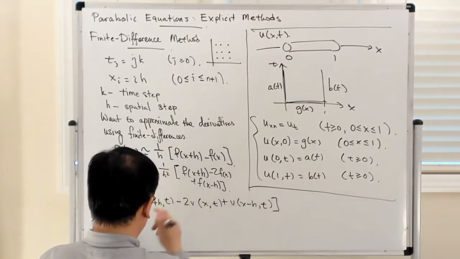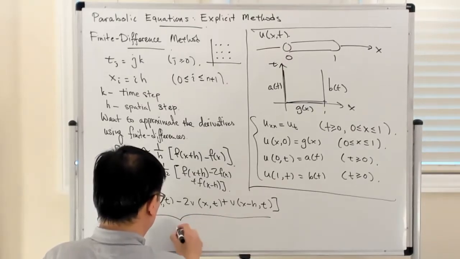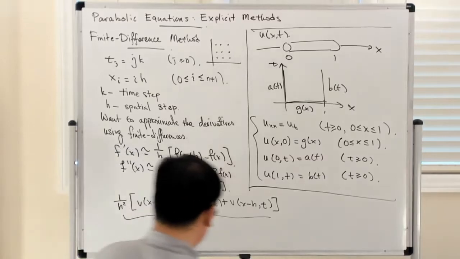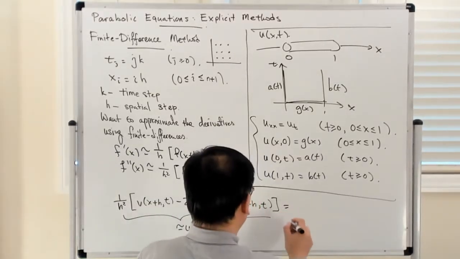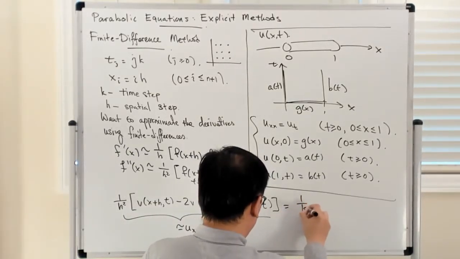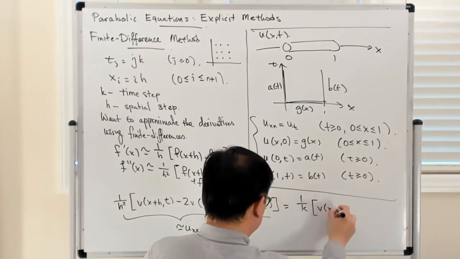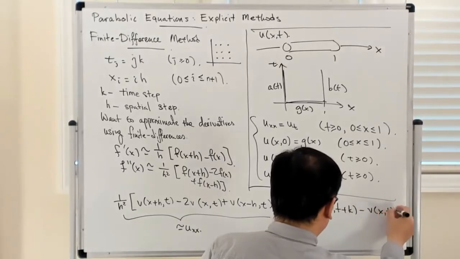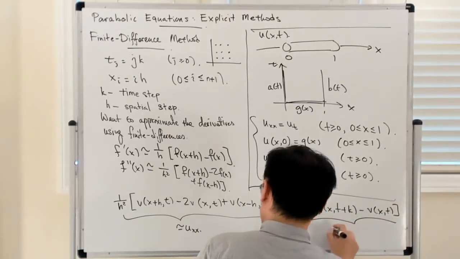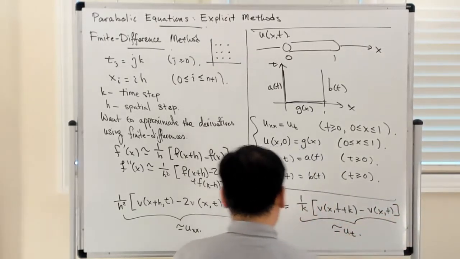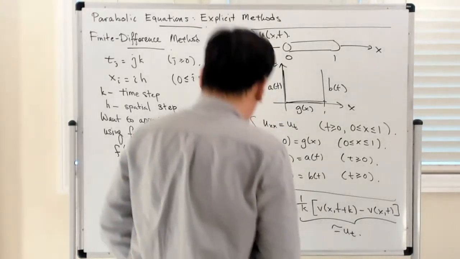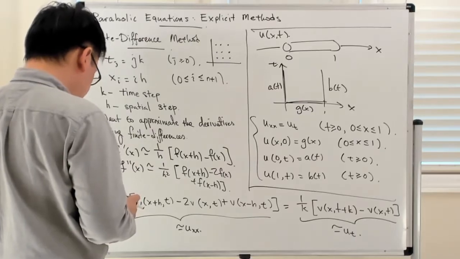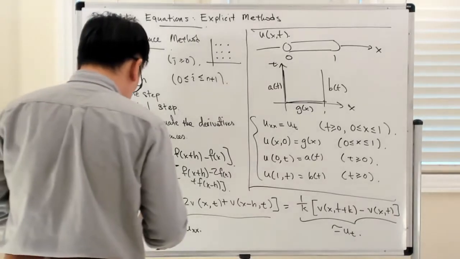Okay, so this is an approximation of u_xx, is equal to 1 over k, v of x comma t plus k minus v of x comma t. This is an approximation of u_t.